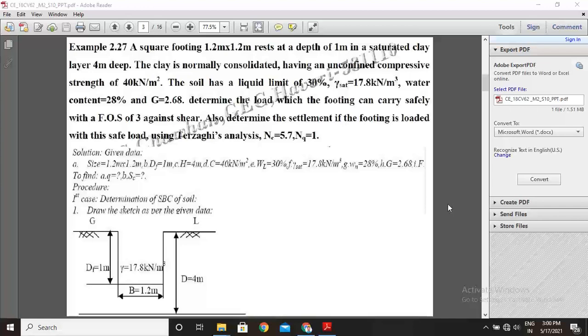To find Q equal to how much, that is load equal to how much, and consolidation settlements, S equal to how much. So these are the given data from the above problems.